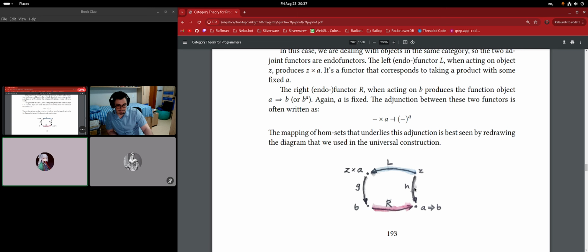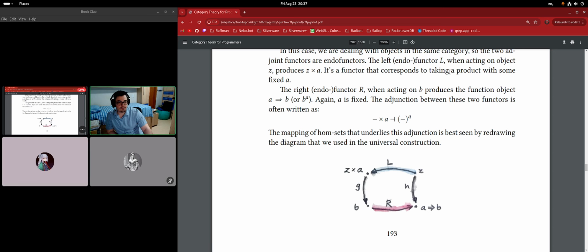I think we can actually, because here's the thing. L is actually a functor, right?